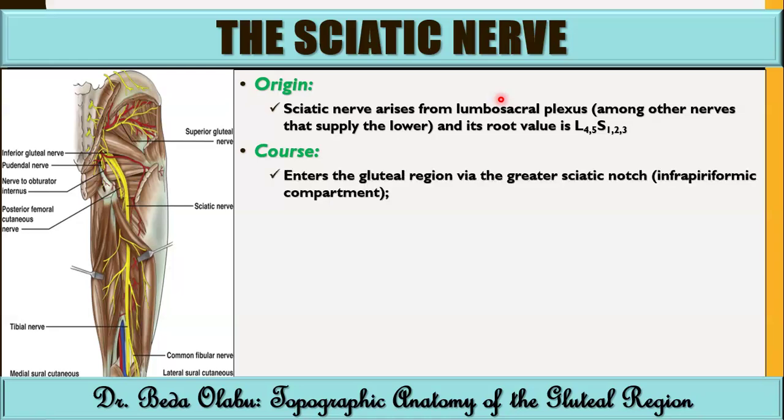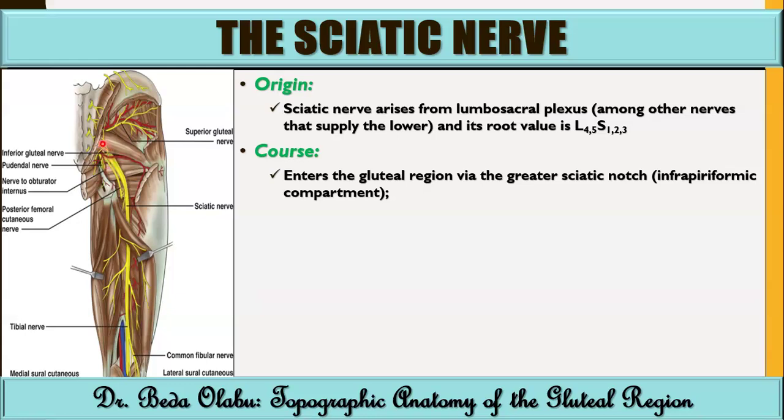The sciatic nerve enters the gluteal region via the greater sciatic notch or the greater sciatic foramen. The greater sciatic foramen is somewhere around here. Remember, the greater sciatic foramen is divided into two by the piriformis muscle. The two are the suprapiriformic compartment and the infrapiriformic compartment.